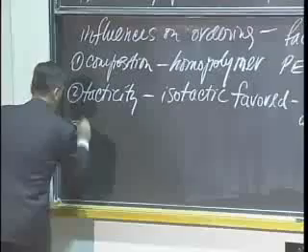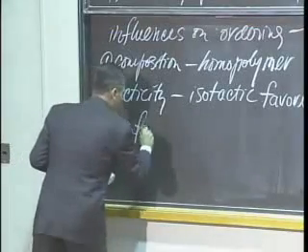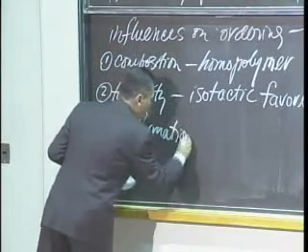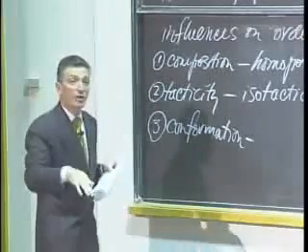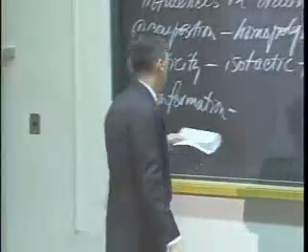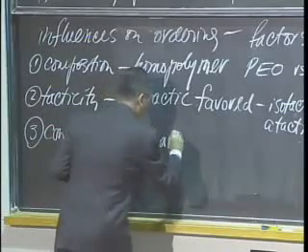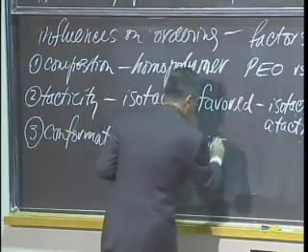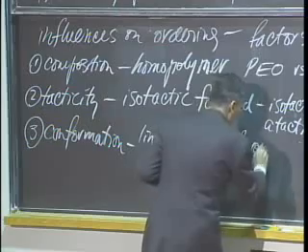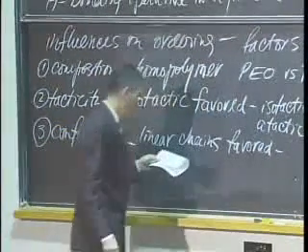And the third one is conformation. How does conformation act? Well, we've got the linear chains, we've got branch chains, and we've got cross-link chains. And clearly, following this paradigm, the linear chains are favored when it comes to the formation of ordered structures.